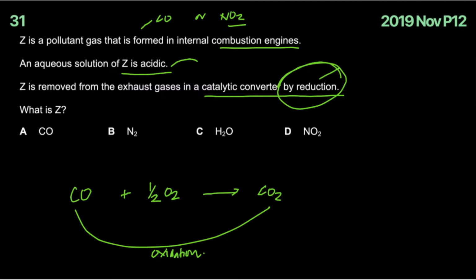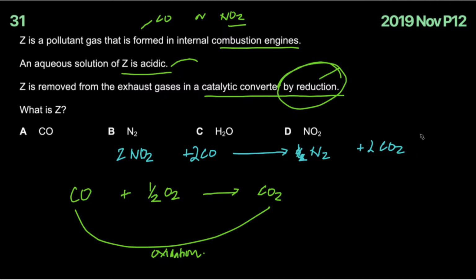And what is reduction? NO2 becomes N2 and CO2, right? And you can balance that out. If you do this, so 2, and 4, 5, and 6, right? So that is 2, and that is 2, 2, 4, 6.